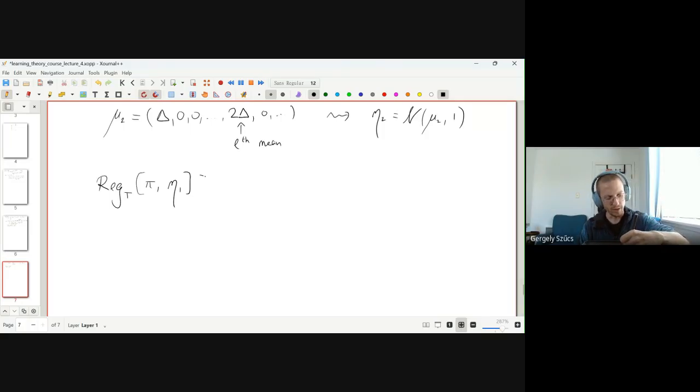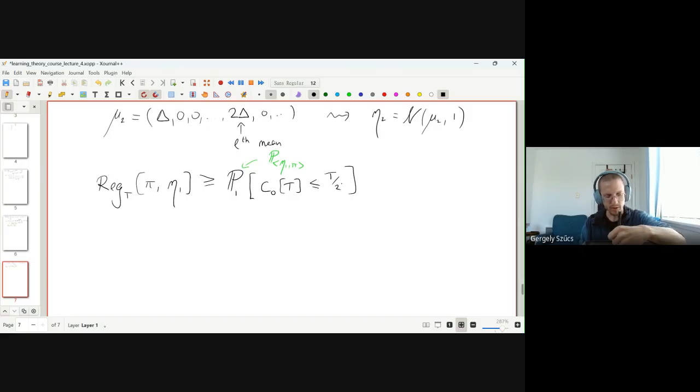So we can put a bound on this, that this is bigger or equal than the probability, and I write P1 for short for P of eta 1 paired with pi, of the case where the count of arm 0 up to time t is less than or equal to t over 2.